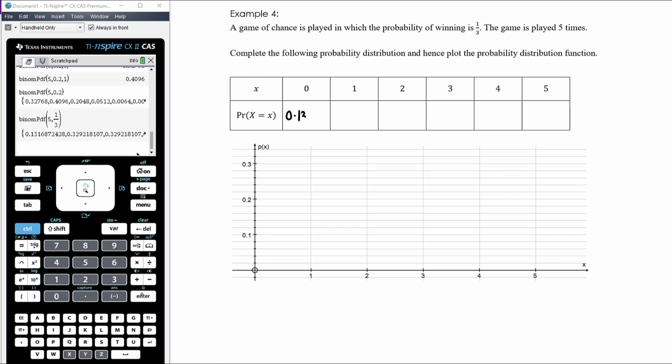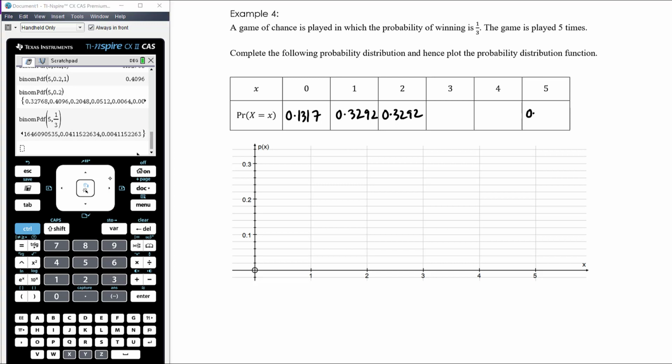So this is 0.1317. This is 0.3292. This is also 0.3292. Sorry, I think I've gone past here.